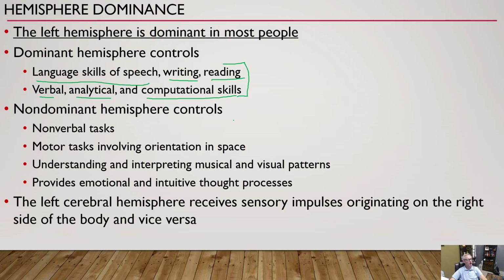And then your non-dominant hemisphere, I say, makes you a well-rounded person. You have to have nonverbal skills. You have to be able to look at things from outside the box. You have to be able to look at orientation in space. You have to be able to interpret different visual patterns.